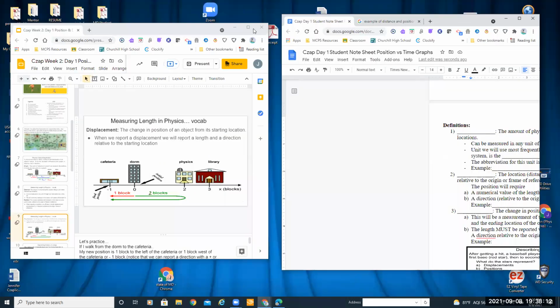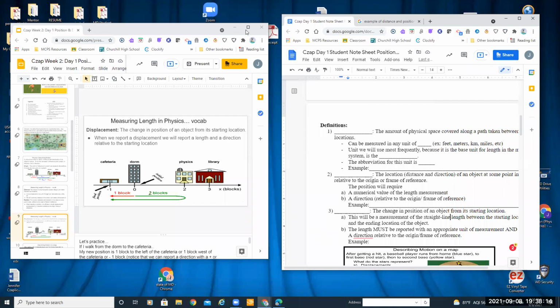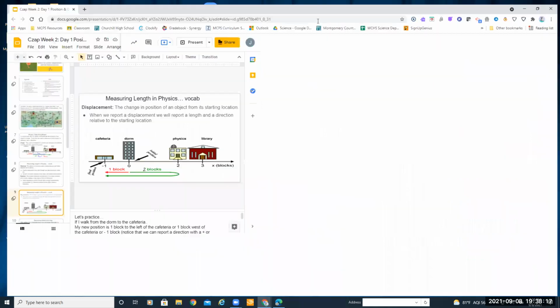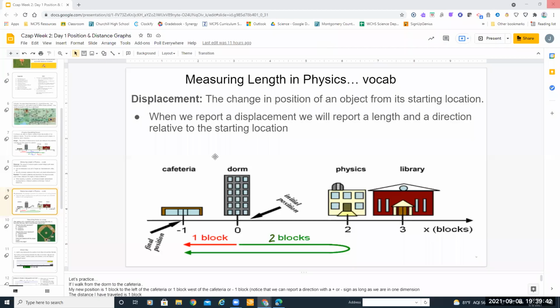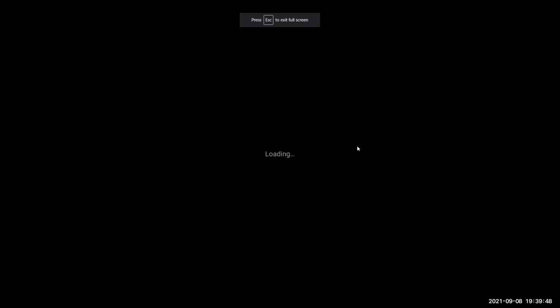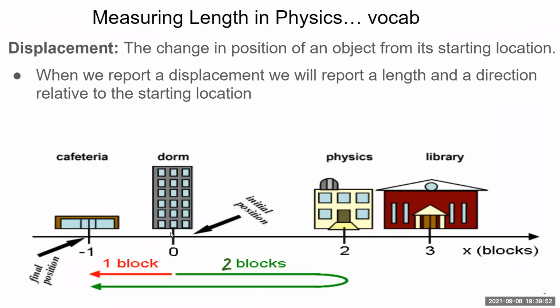So before we get to the little practice exercise, I want to do a little practice here. Let's take a look at this image that we were working with before. Let me make it larger. We start at the dorm.